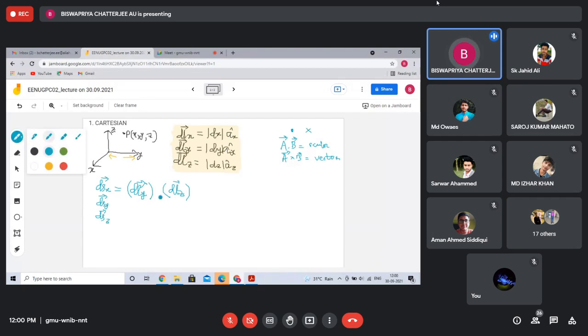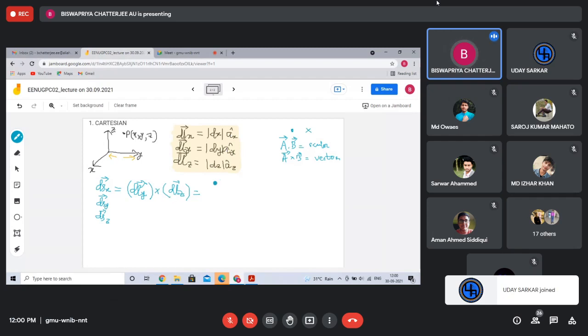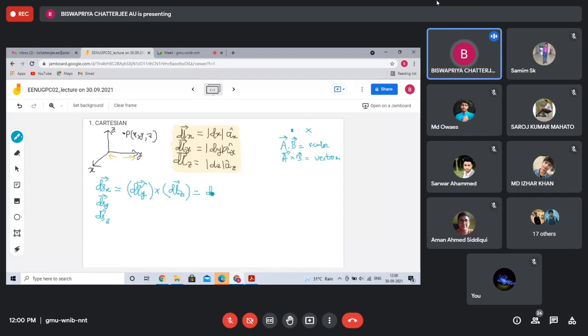So let us evaluate that cross product. Substitute dly as dy ay cap and dlz as dz az cap. Taking the magnitude as dy dz, we have ay cap cross az cap.